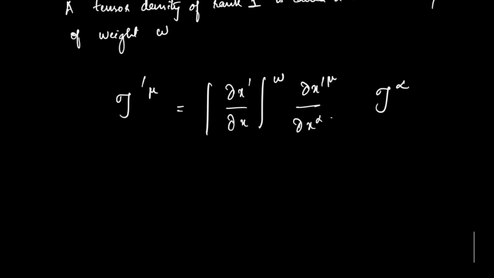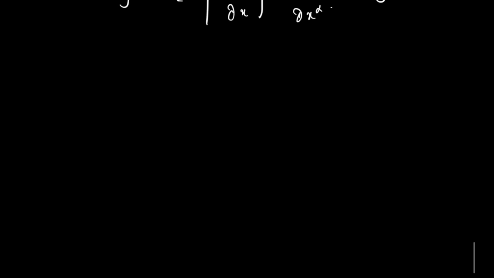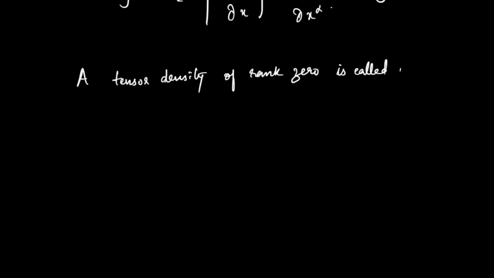A tensor density of rank 0 is called a scalar density of weight w.